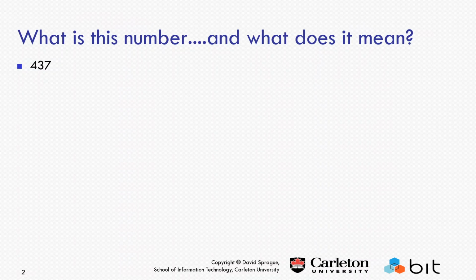So what does this number mean? The numerals are different than the actual numeric representation. The number it's representing is not those three numerals. The number it's representing is 437 items of some sort. But what this is actually showing is there are 4 100s, 3 10s, and 7 1s. I know you've been doing this since grade school, so you might say, oh, this is obvious.